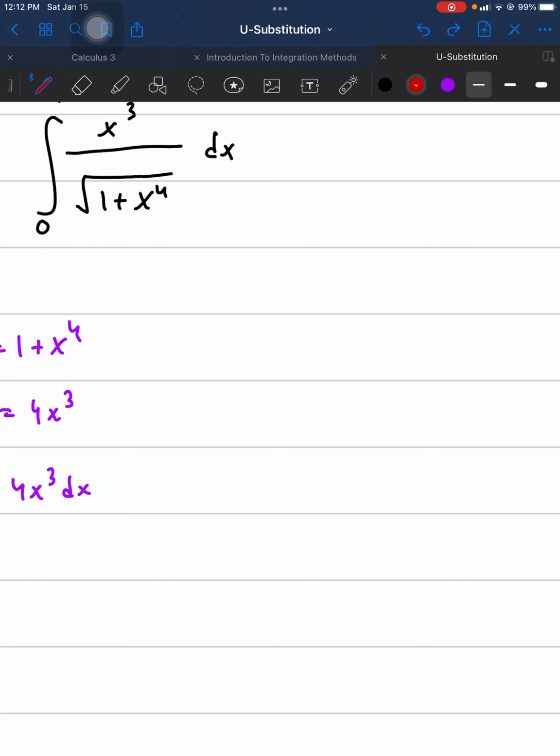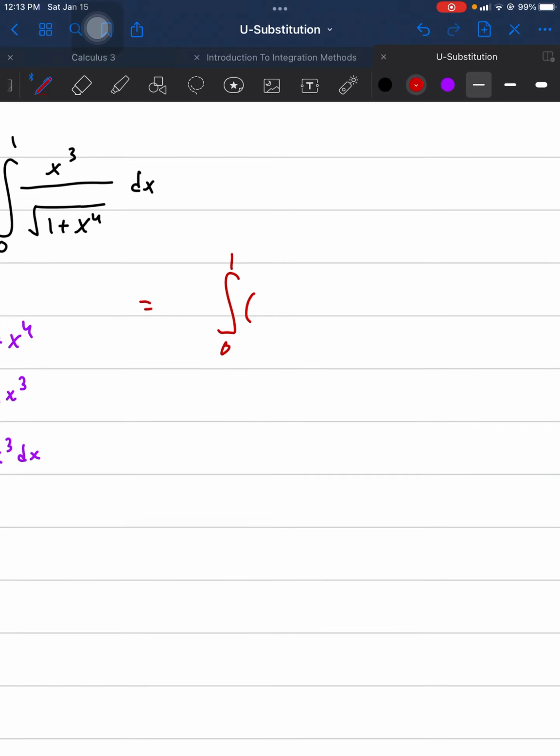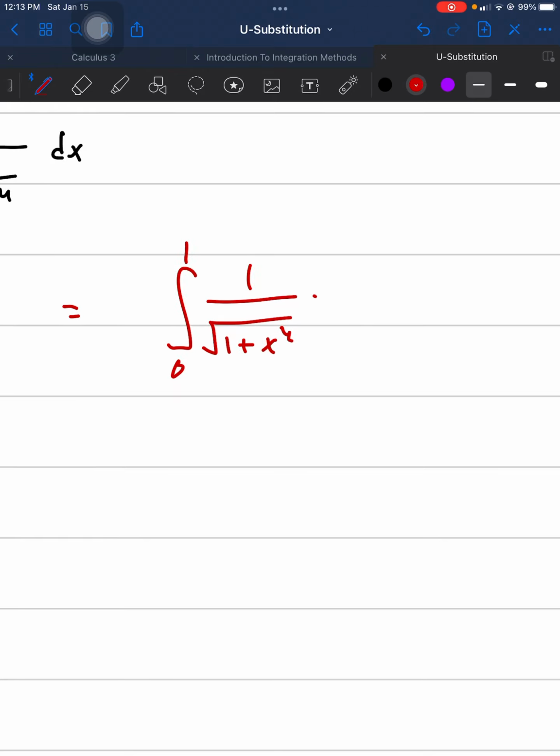So say this is the integral from 0 to 1. Let me rewrite this a little better. So 1 over radical 1 plus x to the fourth times x cubed dx, right?